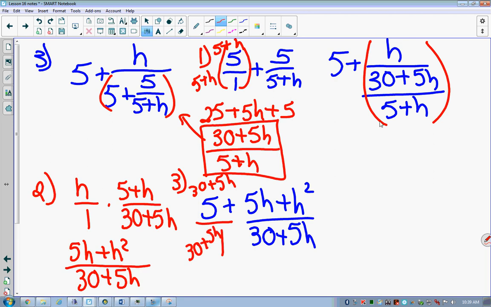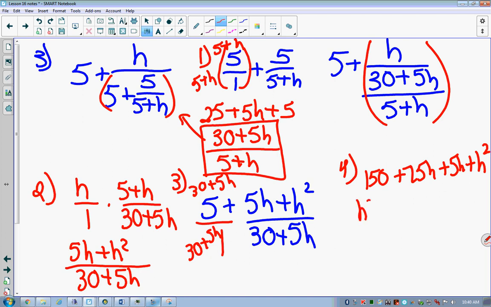What's 5 times 30? 150. What's 5h times 5? 25h plus 5h plus h squared. All right, we could probably simplify some of that, right? No? All right. What can I simplify?